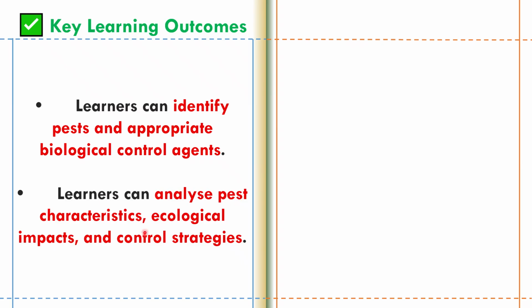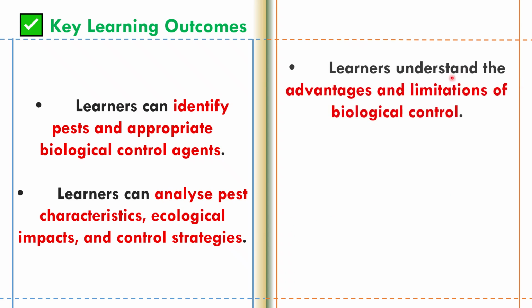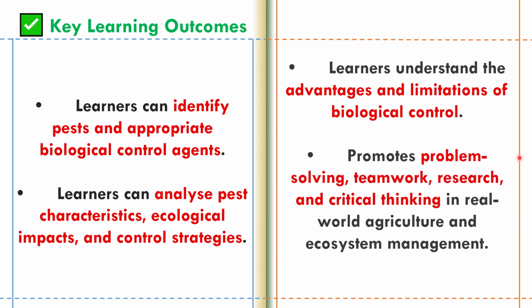Learners can analyze pest characteristics, ecological impacts, and control strategies. Learners understand the advantages and limitations of biological control. Promotes problem solving, teamwork, research, and critical thinking in real-world agriculture and ecosystem management.